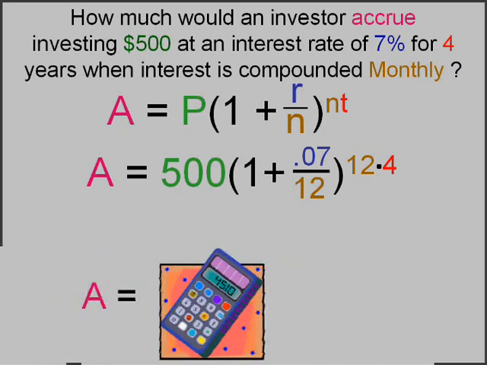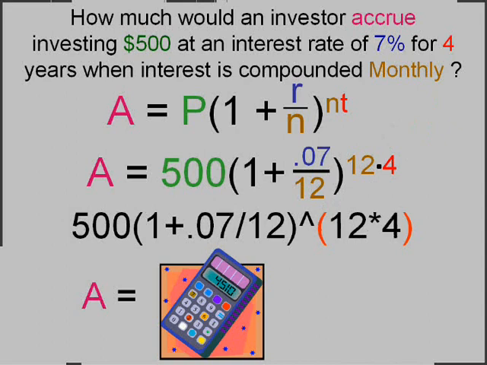Now all we have to do is use this formula. Basically, I would put this into a calculator, make no mistake, because there's no solving. And this is what you'd have to type. Please note that you'd have to put the exponent 12 times 4 in its own set of parentheses. Anytime you have an exponent, it has to be in parentheses.